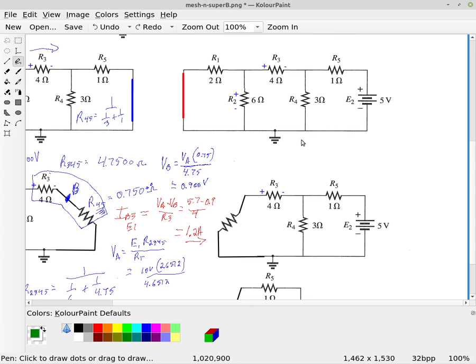Using the reduce and return approach, we take these two, which are in parallel.